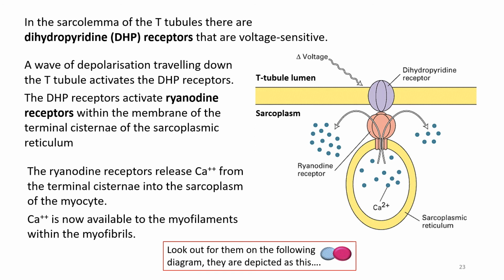The ryanodine receptors release calcium from the terminal cisternae into the sarcoplasm of the myocyte, like cytoplasm, but in this case sarco, the prefix for muscle. So of course calcium is now available to the myofilaments, specifically troponin, so that it can bind to troponin.